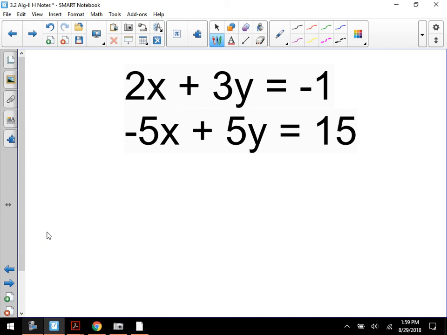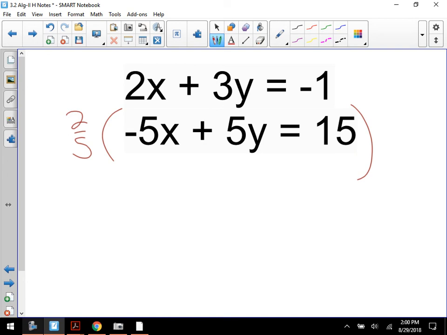So when you divide by 5, what's the multiplication way of saying that? Times 1/5. So what if I did this? It's up to you. It's just another way of doing it.